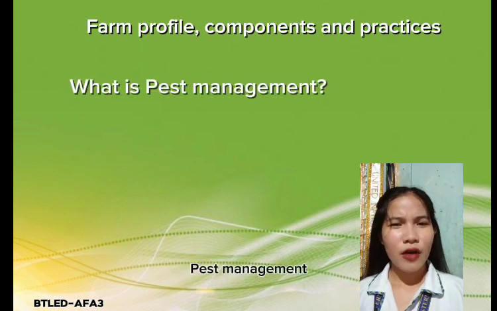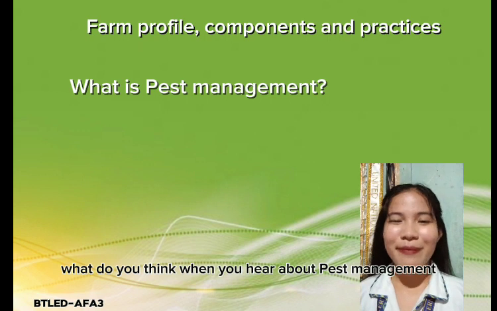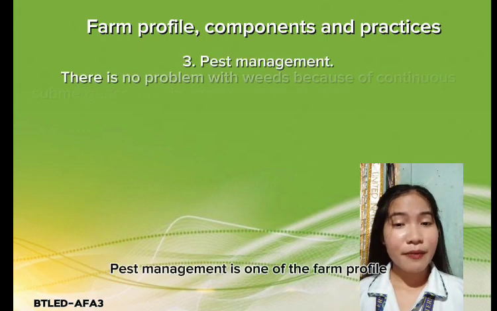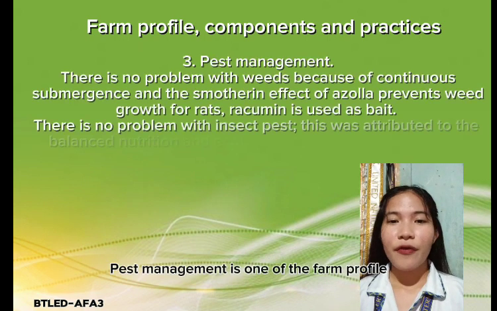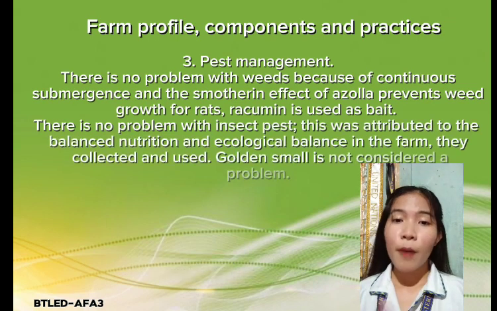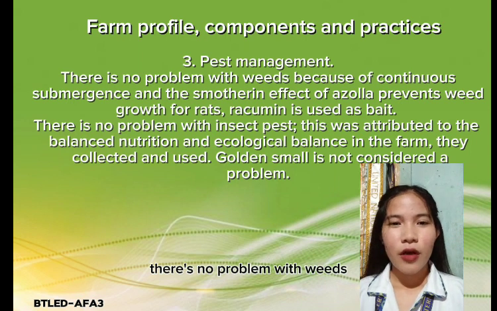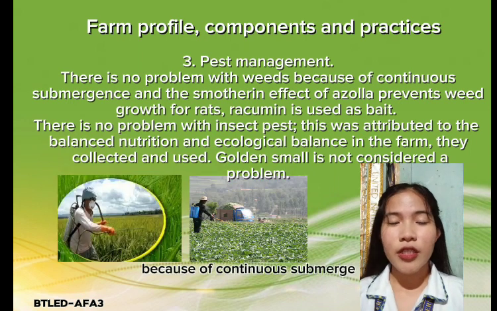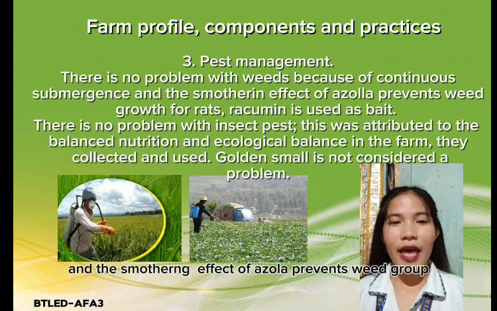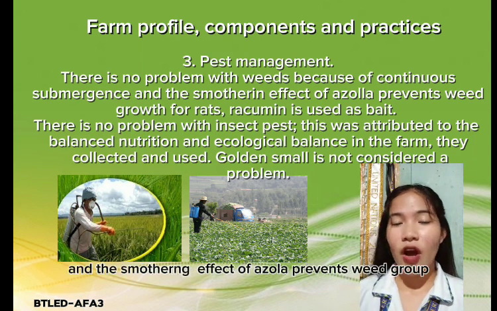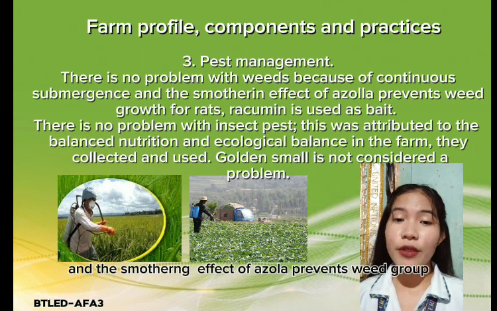Pest management. What do you think when you hear about pest management? Pest management is one of the farm profile components and practices. There is no problem with weeds because of the continuous submergence and the smothering effect of azolla, which prevents weed growth.